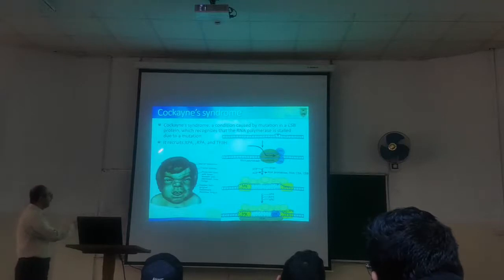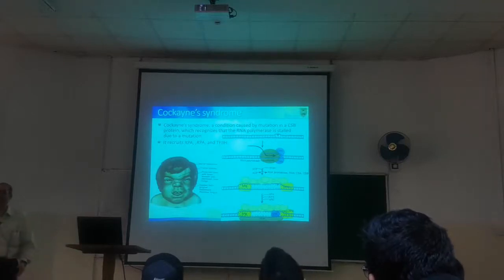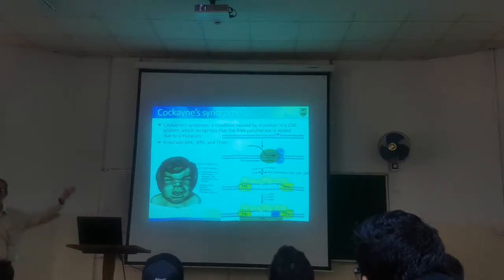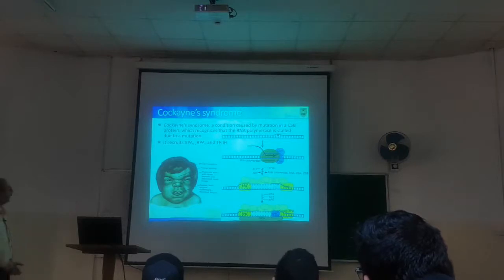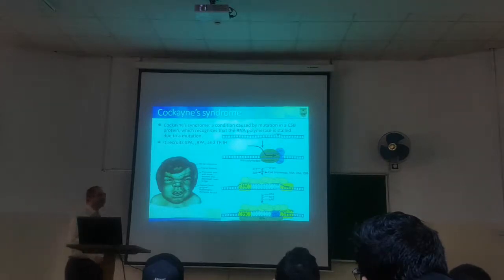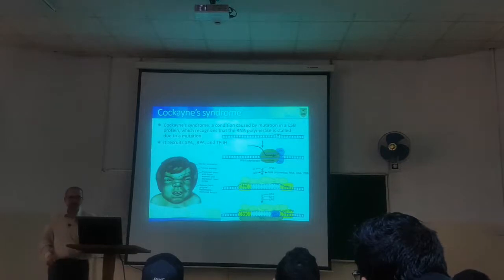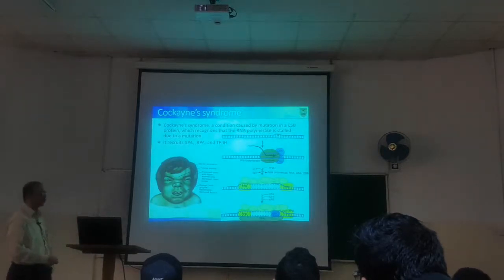I put in an illustration for an individual affected by such a mutation and different features associated with this condition. I encourage you to look at Google images, look at real patients having this syndrome. It's quite severe.